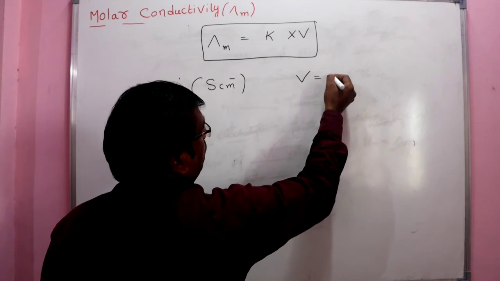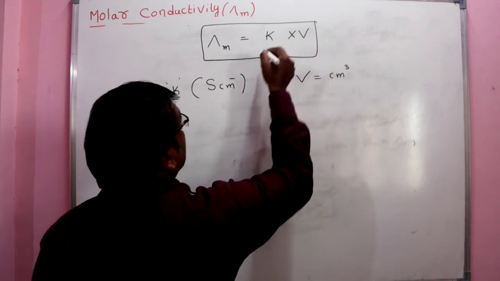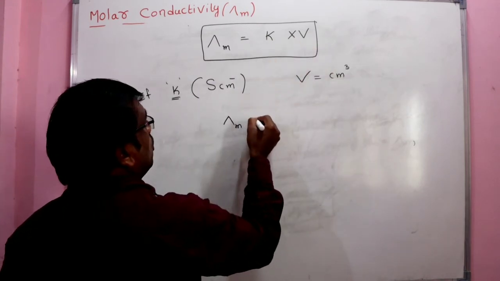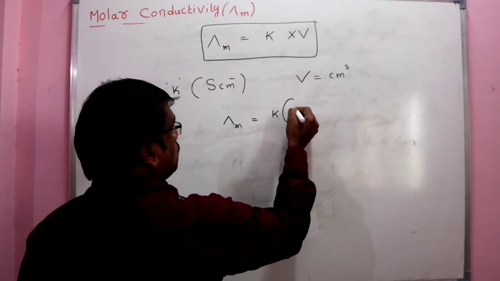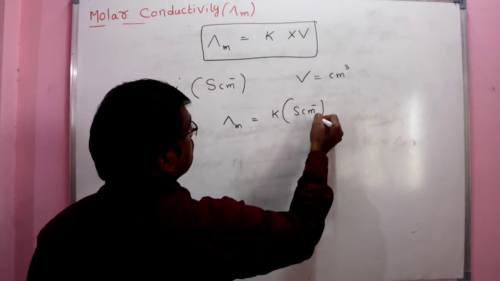So we have lambda M is equal to K into Siemens centimeter inverse.